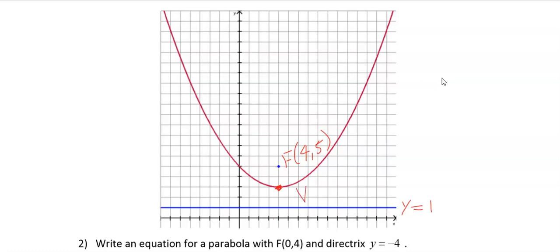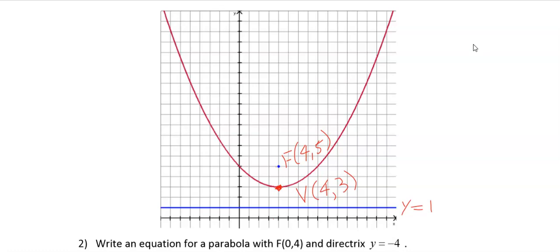So my vertex, the x-coordinate is 4: 1, 2, 3, 4 to the right from the origin. And it's actually 3 blocks up. Now be careful, because the blue line they've drawn there is not your x-axis, that's actually the directrix. The line below that is your x-axis, and you can see that the point is 3 blocks above the x-axis.